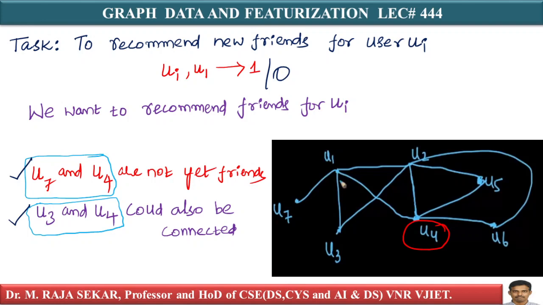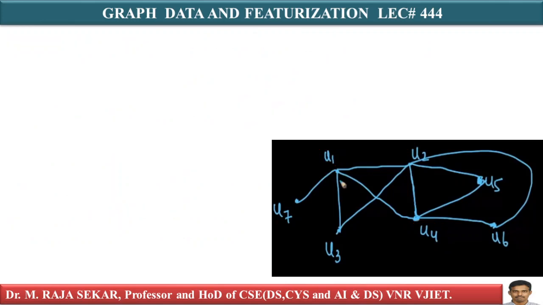Now, let's just apply common sense because we know how people make friendships. Let's look at the common friends between U7 and U4. There is only one common friend, that is U1. How many common friends exist between U3 and U4?